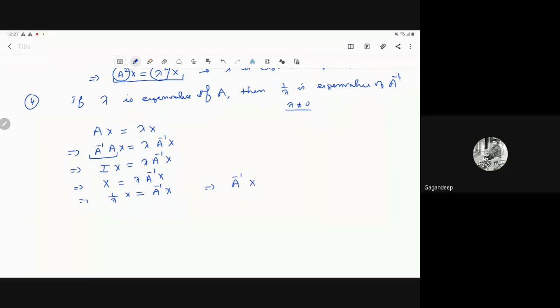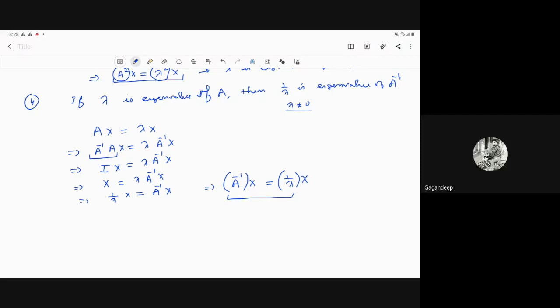A inverse X equal to 1 over lambda times X. In place of A, you are seeing A inverse. In place of lambda, you are seeing 1 over lambda. It is exactly the definition of eigenvalue. So from this, what can you say? 1 over lambda is eigenvalue of A inverse.